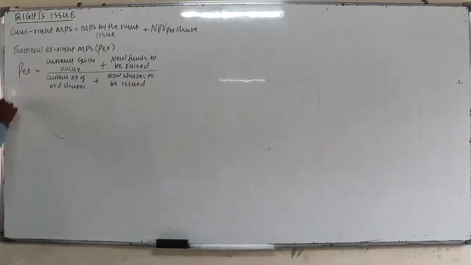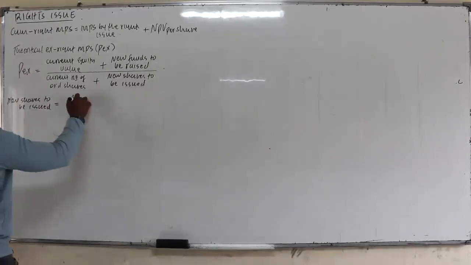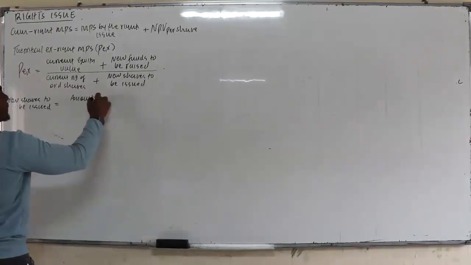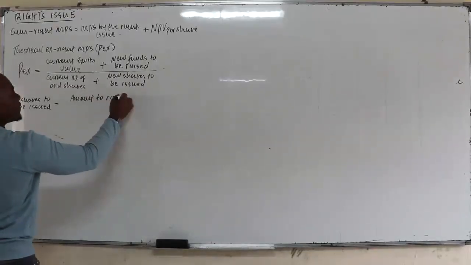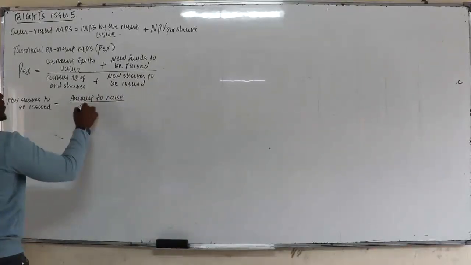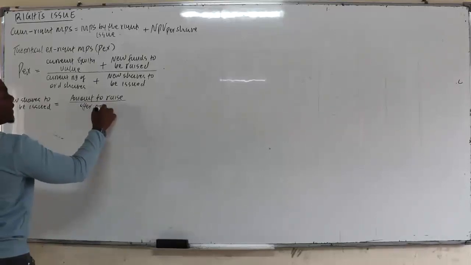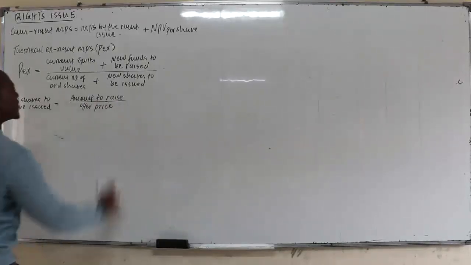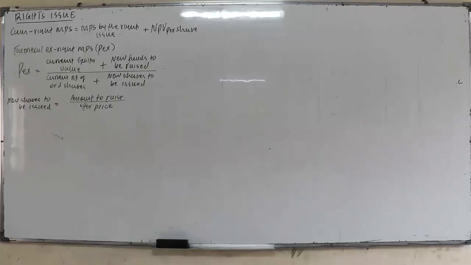And how do you get the number of new shares to be issued? You just take the amount raised and divide by the offer price.